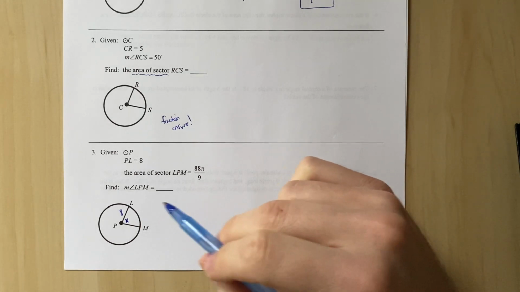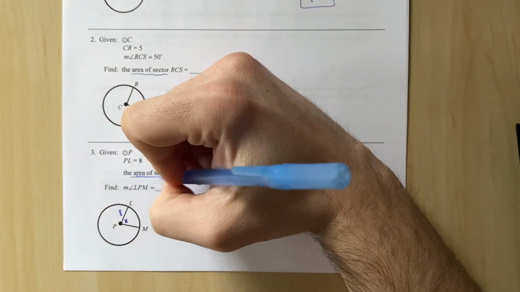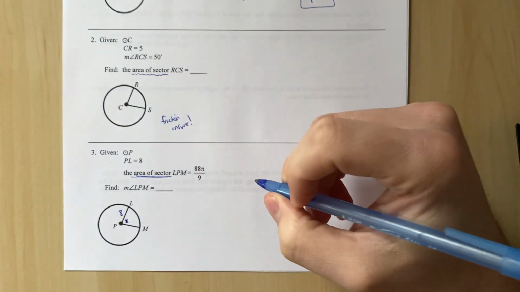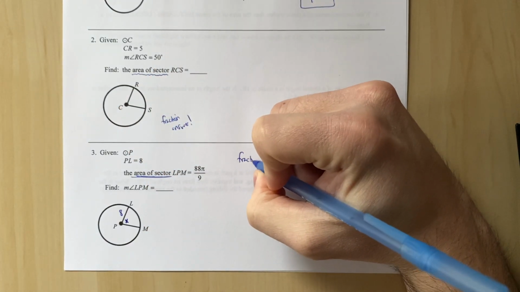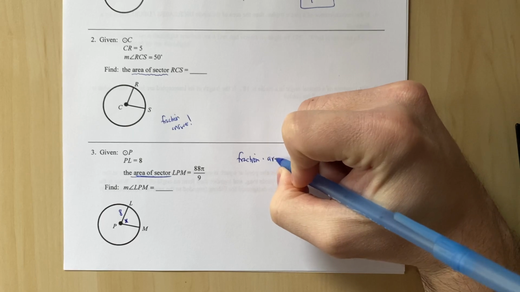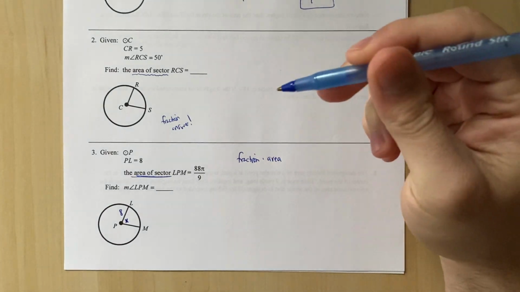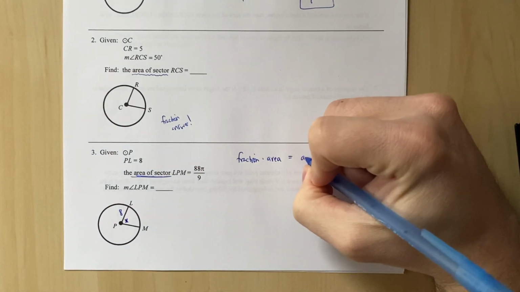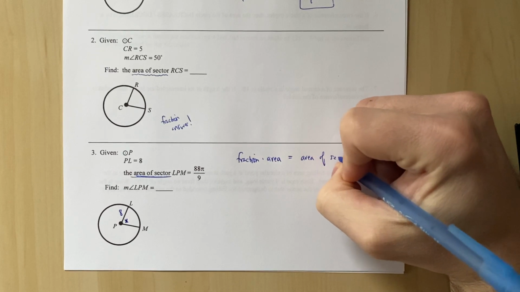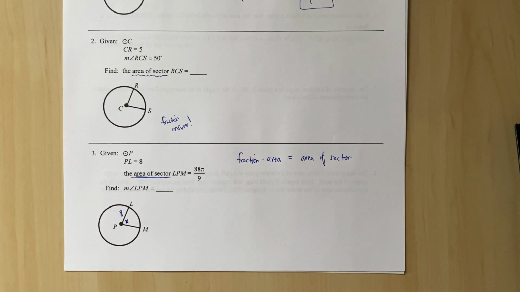So remember, area of sector, this is huge here. The area of a sector is a fraction of the total area. Because you're trying to find the angle, but the area of a sector is just how much actual pizza am I eating, right? Square footage of the pizza.